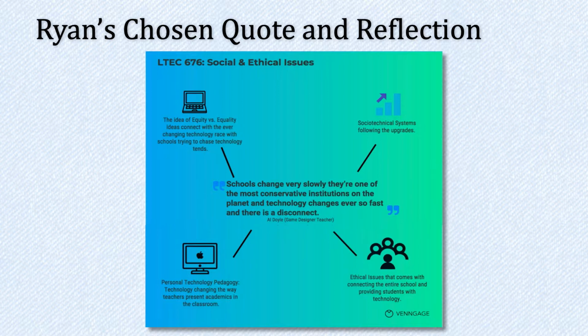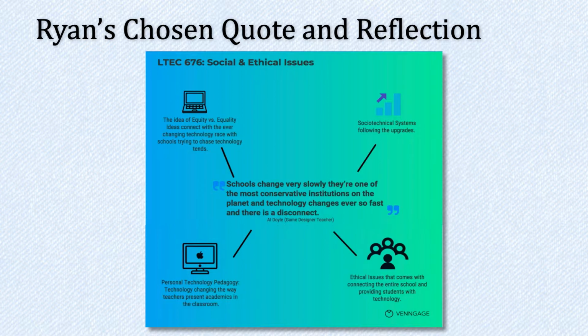I also tried to incorporate social technology systems following the upgrades. And so we talked about this too, and how we started off with very primitive things that we consider primitive, like the chalkboard and whiteboard, which may not have been so primitive back then. But we are continuously upgrading our ability to use technology in the classroom.